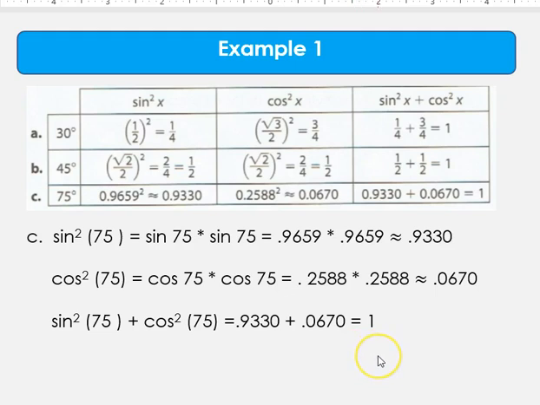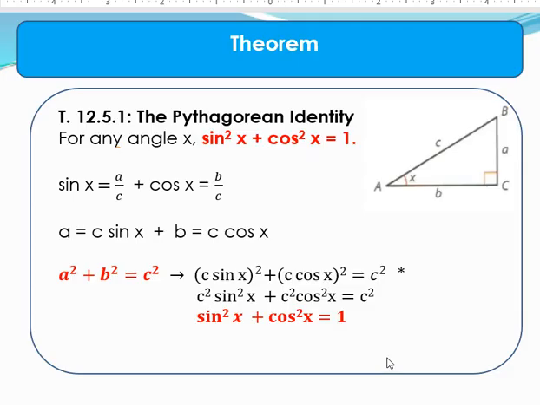An equation that is true for all values of a variable is called an identity. We've studied identities before at the beginning of Algebra 1 and at the beginning of geometry also, and that leads us to Theorem 12.5.1, which is the Pythagorean identity.